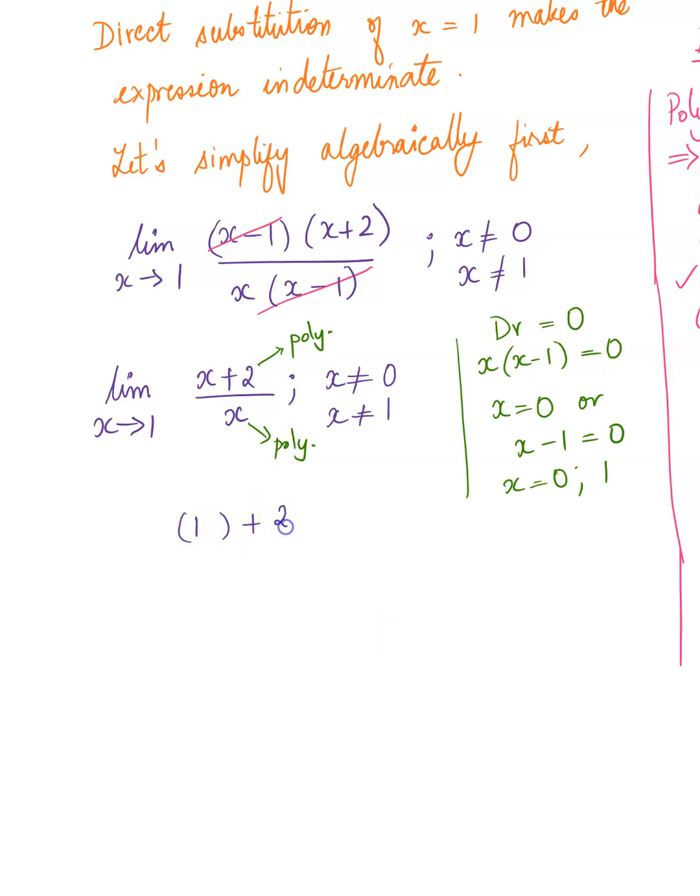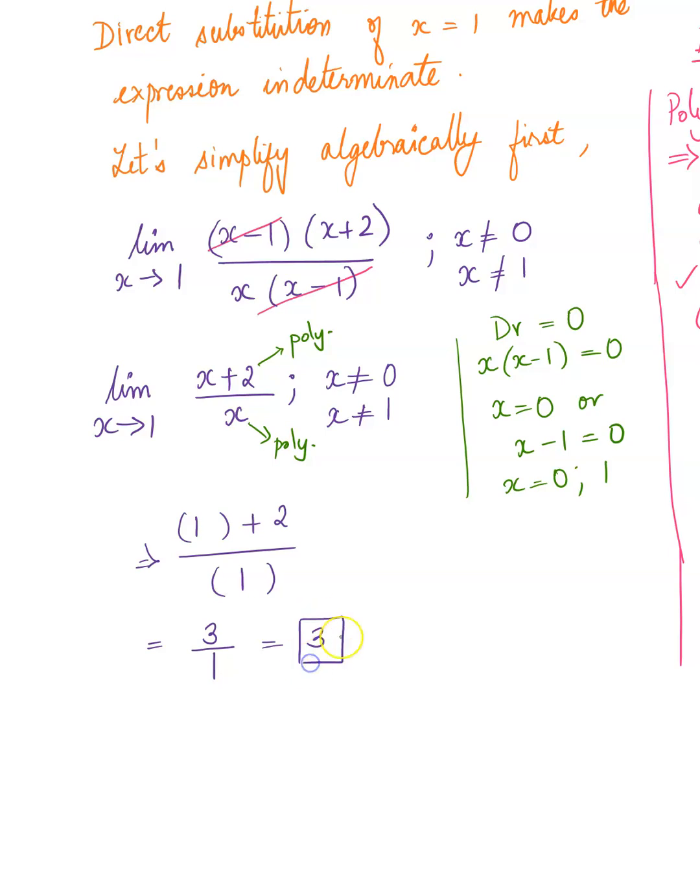So 1 plus 2 over 1. So even though the restriction says x is not equal to 1, that is still manageable for us because we took care of the x minus 1 factor. That was the problematic one. And so we're going to get a nice number, 3 over 1, which is 3.